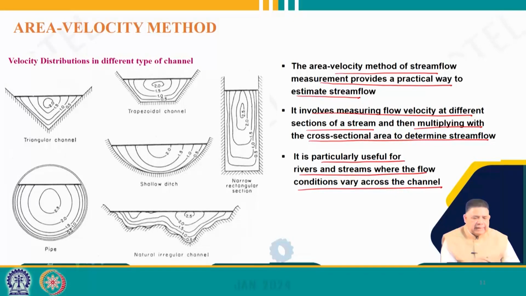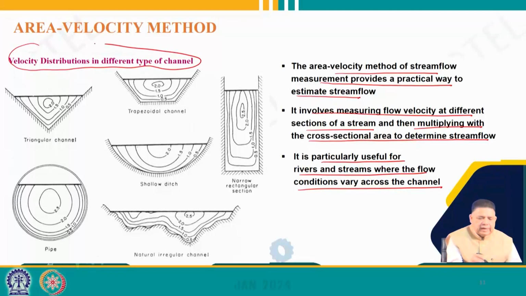So, obviously, you can understand by looking at the velocity distribution in different types of channels. So, as you can see here, the velocity distribution changes drastically, and that is why we cannot have just a single measurement of velocity at one section.